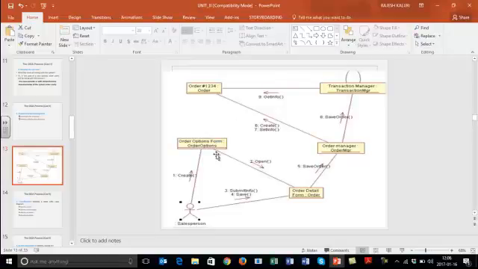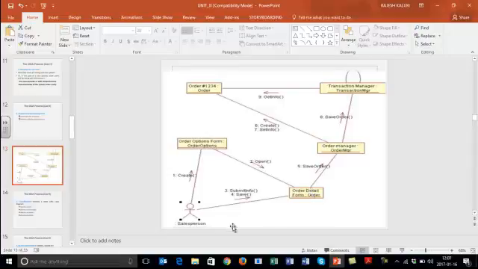So this is an order application, and the transaction manager is there, the order manager, and then the details of the particular order. So here is a salesperson. These are all the people who are involved in a system. I've just taken a scenario for an order application.